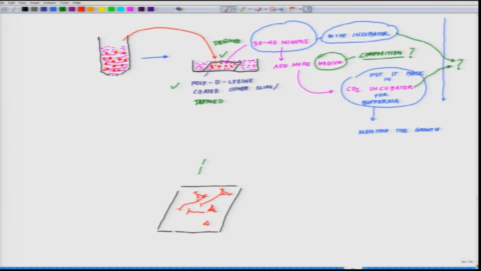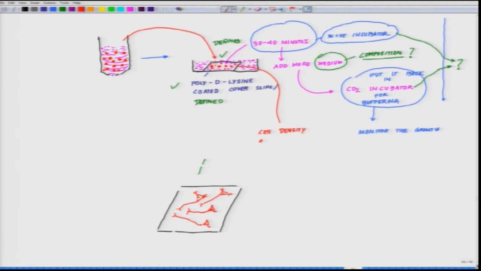So, typically there is certain cell density of plating what you have to do. So, this is another thing which I haven't mentioned here, cell density.